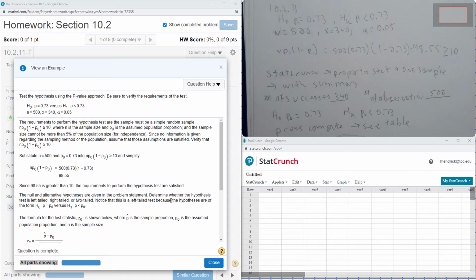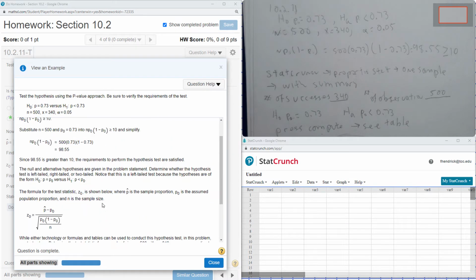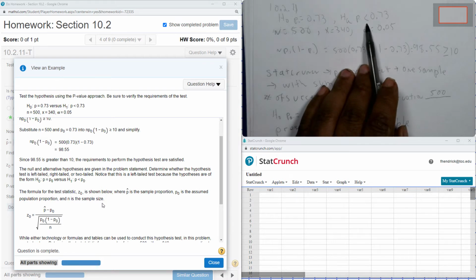Okay, so determine whether it's a left-tailed, right-tailed, or two-tailed test. We notice here it's pointing in which direction.